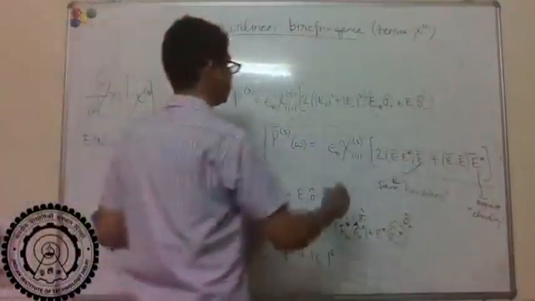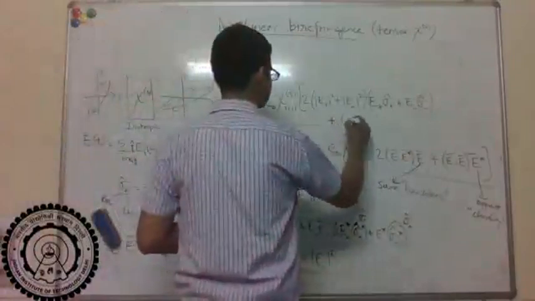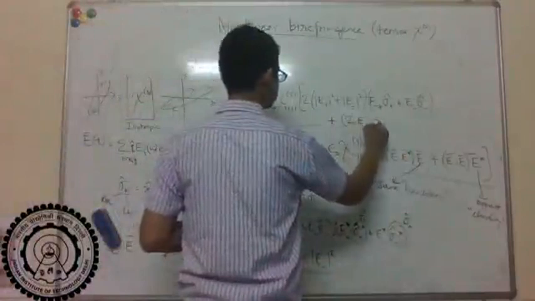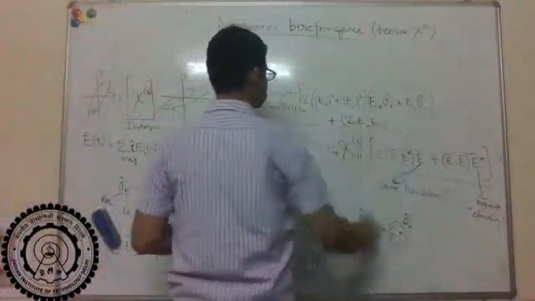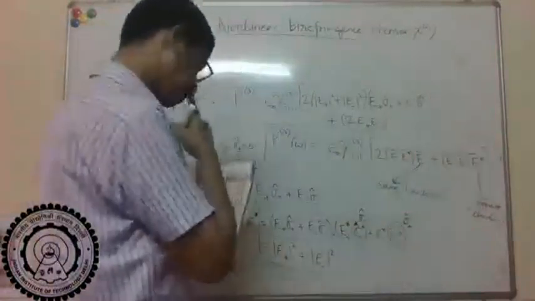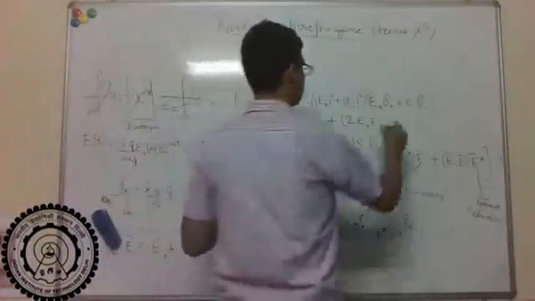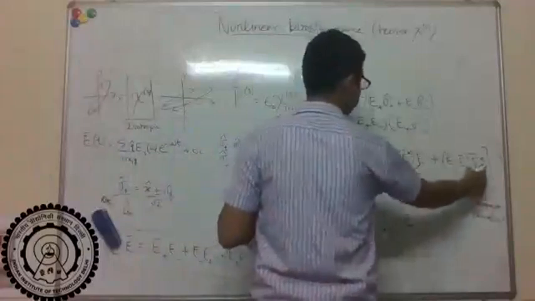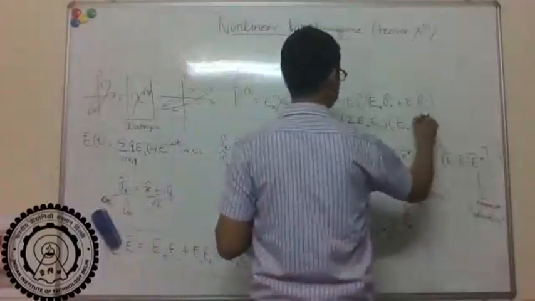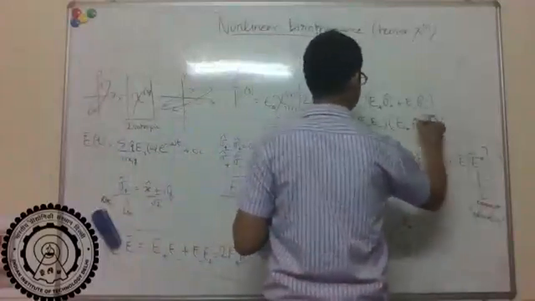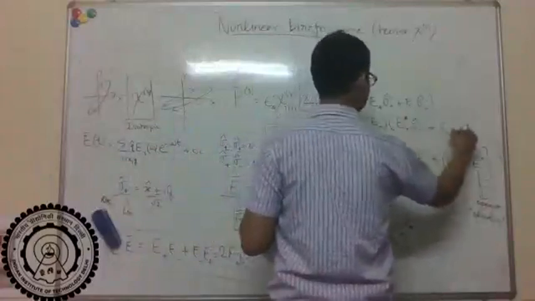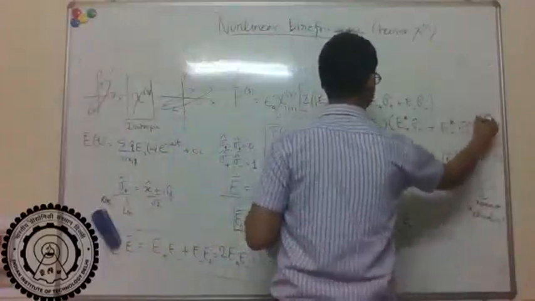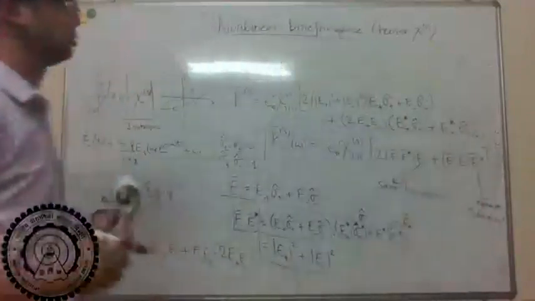And then the second term is 2 times E plus E minus. E plus, so I have E conjugate here, so sigma plus becomes sigma minus, and then this is conjugate. This becomes sigma plus. Okay.